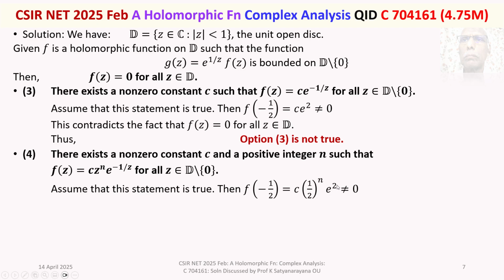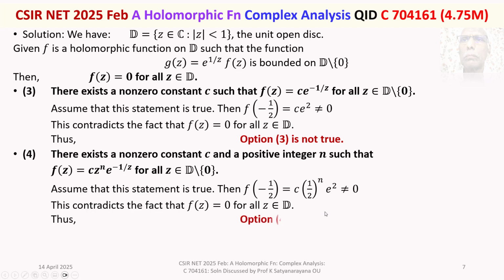And e square is not 0, 1 by 2 to the power of n is not 0, c is not equal to 0. Whereas minus 1 by 2 is a point in D minus 0, but f of z is equal to 0 for all z belongs to D, this contradicts the fact that f of z is equal to 0 for all z belongs to D. So, our assumption is not true. Therefore, option 4 is not true.